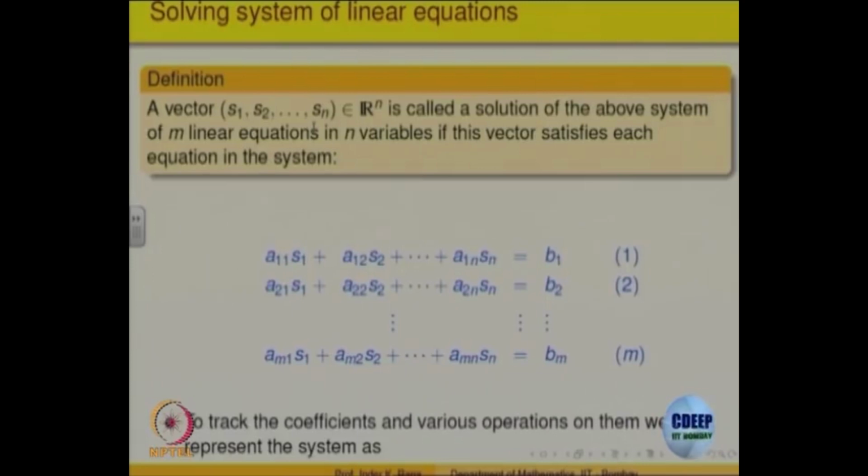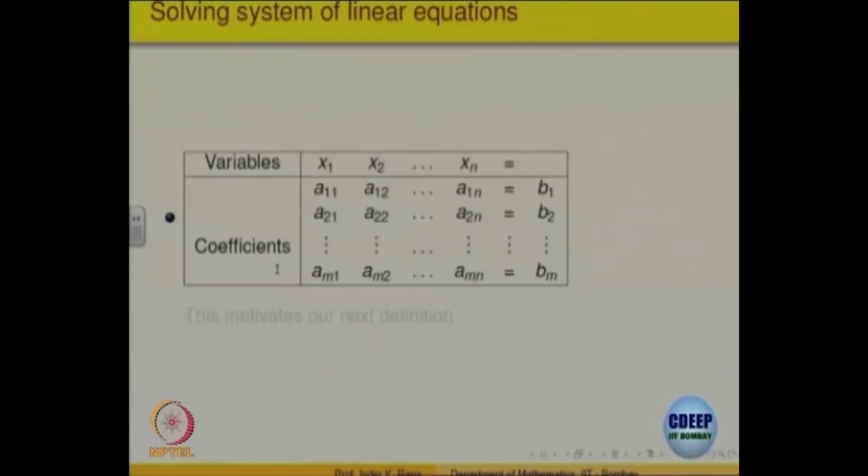So, to track the coefficients and the various operations on them, we represent this system. We do not want s1, we do not want x1, x2 coming into the picture. So, let us write that the variables are x1, x2, xn, then the equality, and the right hand side appears. Their coefficients are, for x1 the coefficient is a11, for x2 in the first equation a12.